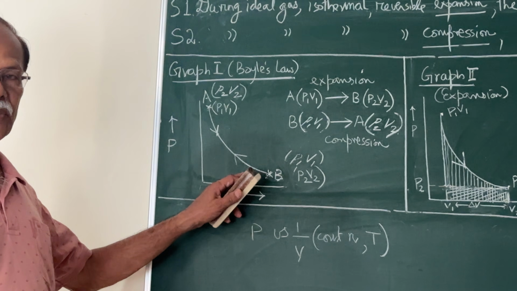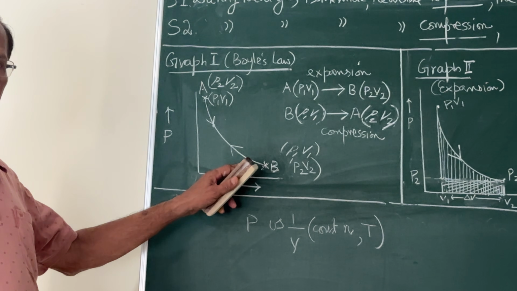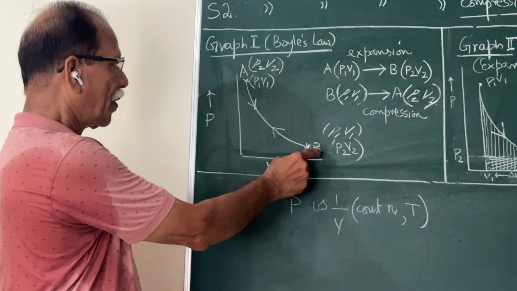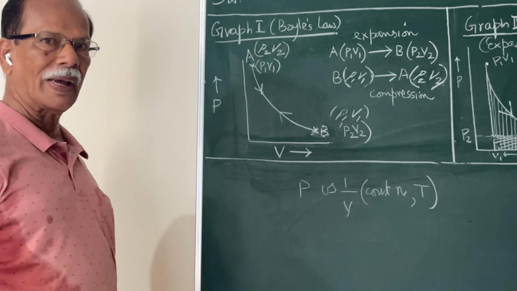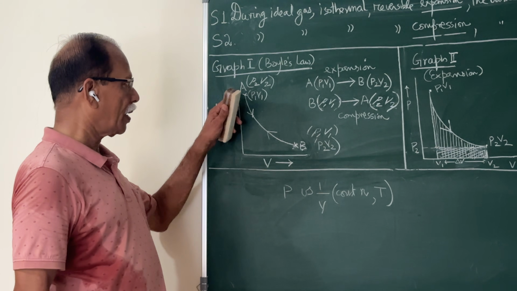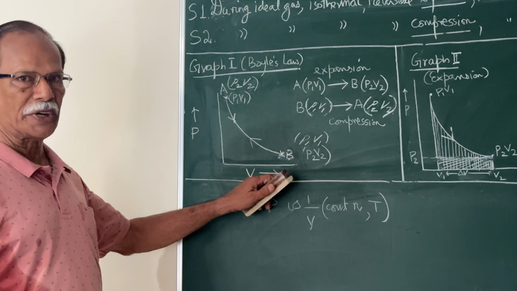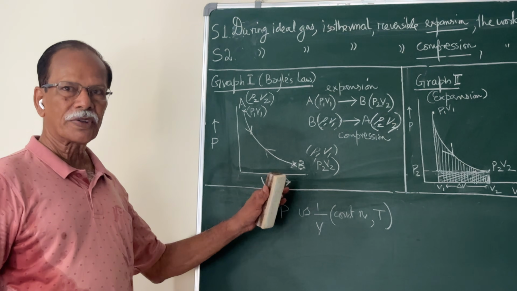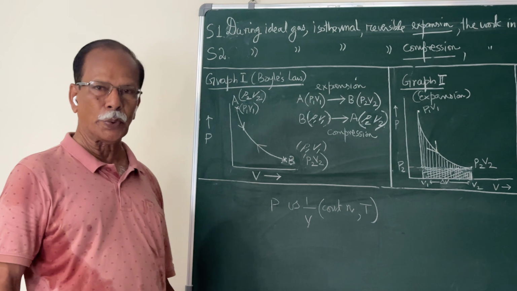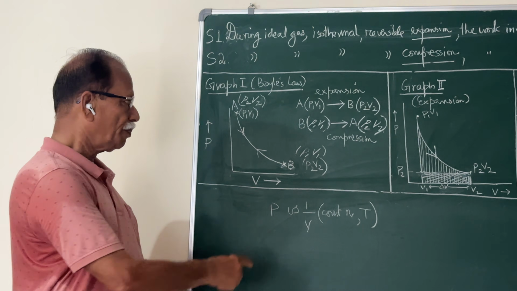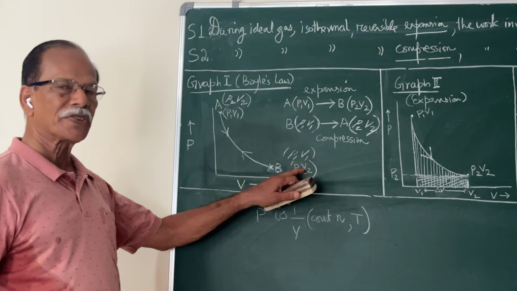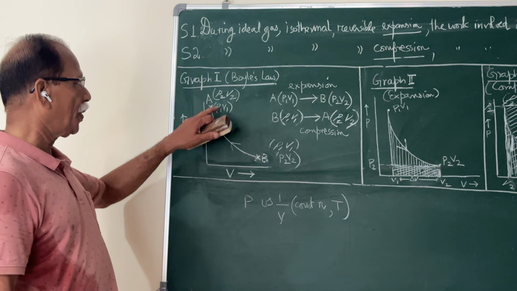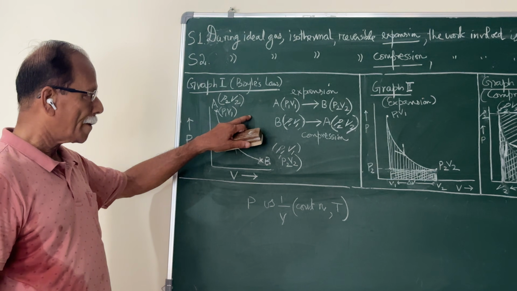This type of graph is called a rectangular hyperbola. From A to B, it represents expansion of the gas. From B to A, it is compression. Any initial state is indicated by subscript 1 and final state 2. To avoid confusion, the initial state of compression is given as P1, V1 written in italics, and P2, V2 also in italics.